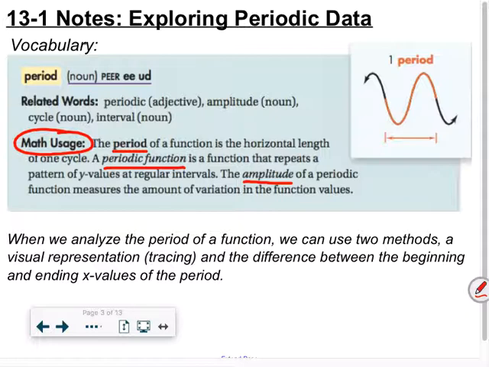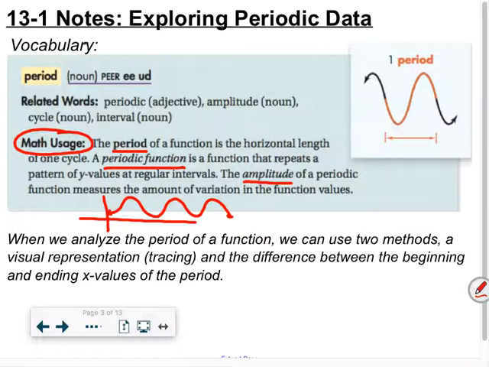What's really neat is every year in January, the Columbus Dispatch will plot the temperatures in Columbus, Ohio. And it actually makes a periodic function. It'll go low to high, back down, and it repeats every year.